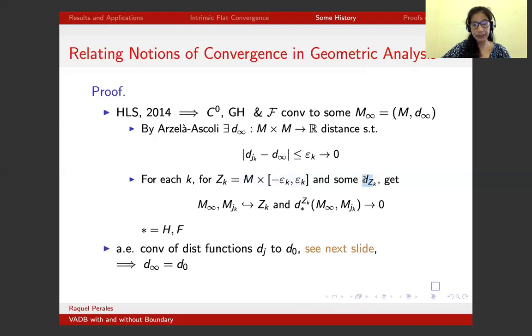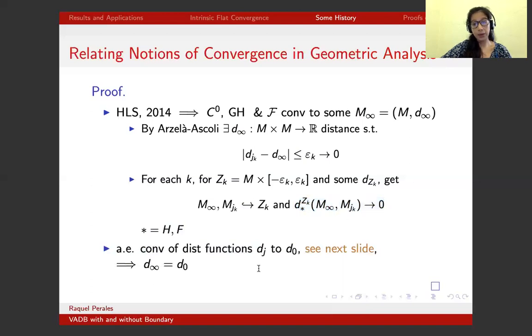This metric is not the product metric, it's more complicated, but we are able to isometrically embed M infinity and Mjk. Once we have this metric space Zk, we can calculate the Hausdorff distance, or the flat distance, and this is going to go to 0.